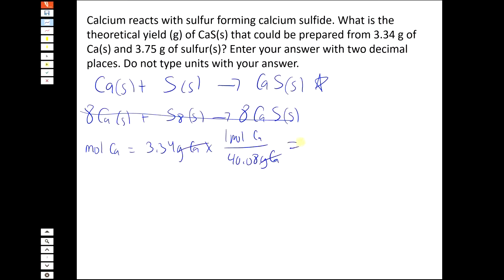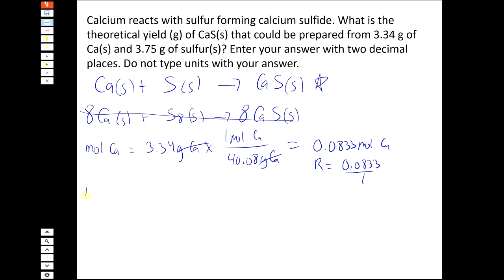So the moles of calcium are going to be 0.0833. And the stoichiometric ratio for calcium is just going to be that number divided by its coefficient. The coefficients in both of these cases are 1, so it's just going to be that number itself.